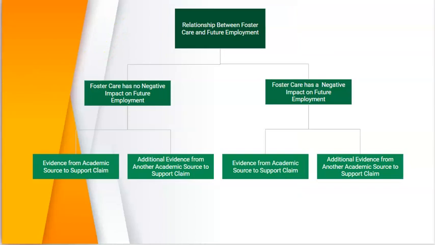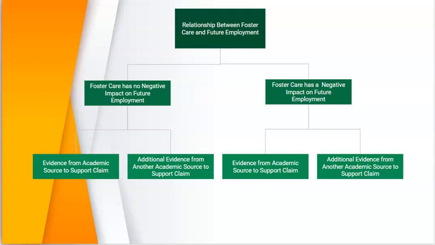Let's take a look at a more nuanced argument, or a more complex argument, that there's a relationship between foster care and future employment. Well, not only has the student helped to focus the topic of the paper a little bit by making some narrow choices, because we're looking at the specific relationship between foster care and future employment, but now we can see that on its most basic level, we can divide this into two separate yet related arguments or perspectives.